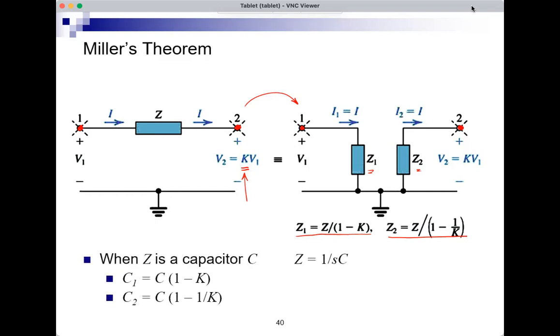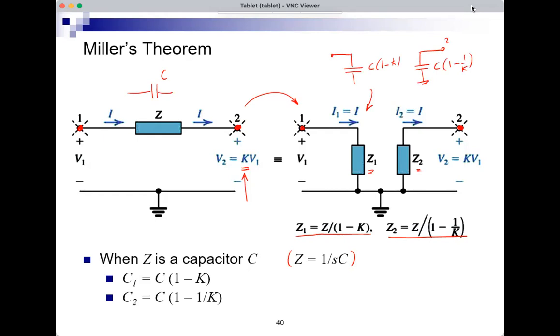If Z is a capacitor, which is the condition we had in the common source amplifier, where the impedance was a capacitor CGD, then if you apply this formula, knowing that the impedance of the capacitor is 1 over SC, the capacitor becomes two capacitors. This Z1 would correspond to C times (1 minus K) at node 1 to ground, and this Z2 would correspond to a capacitor at node 2, which is C times (1 minus 1 over K).